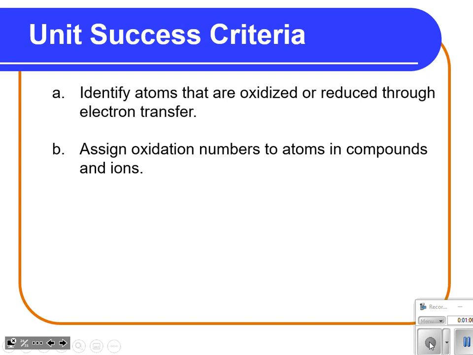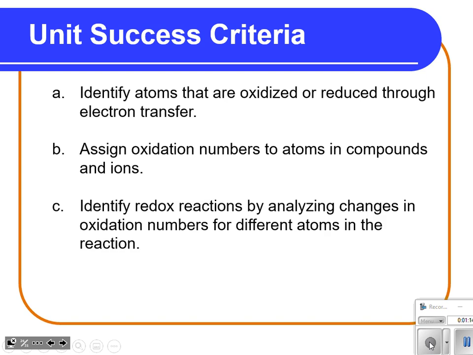We are going to assign oxidation numbers to atoms in compounds and in ions. We are going to identify redox reactions by analyzing the changes in these oxidation numbers.